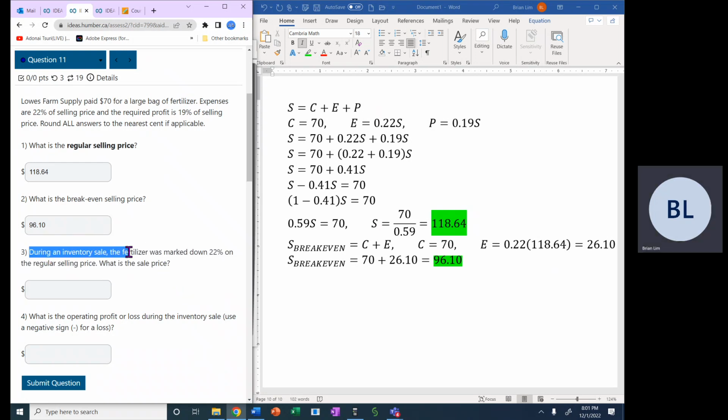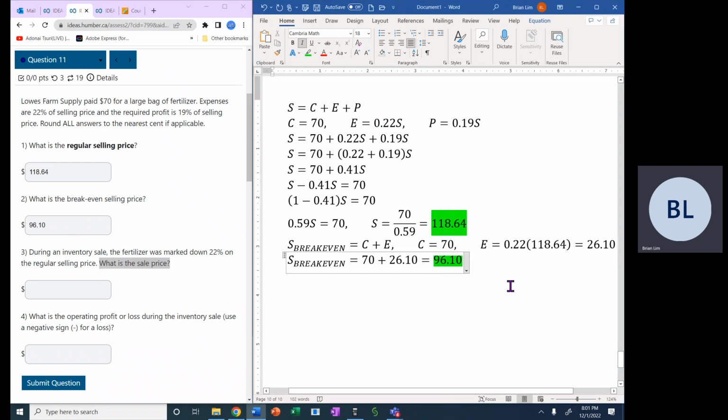Now, during an inventory sale, the fertilizer is marked down 22% on the regular selling price. So what is the sale price? We want the sale price, so it's marked down 22%.